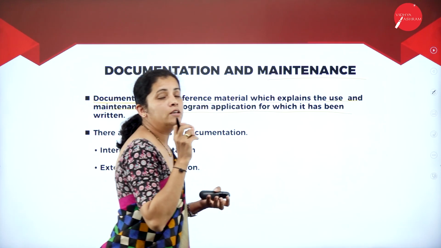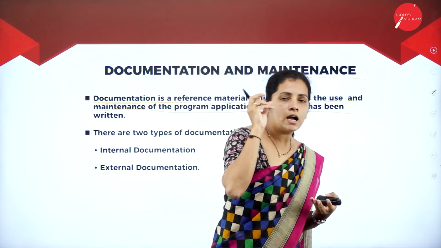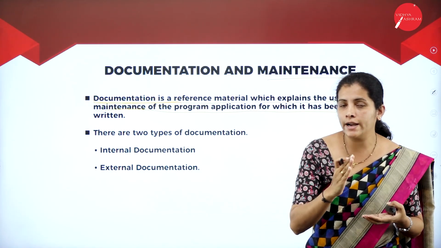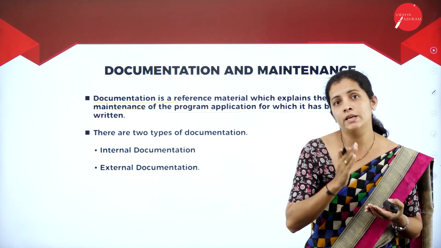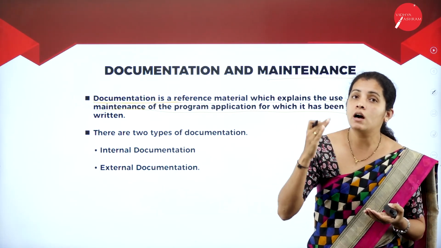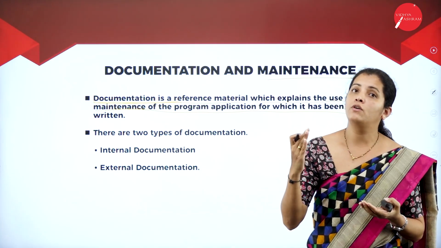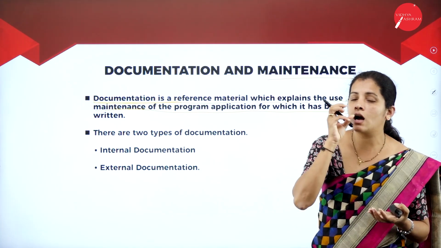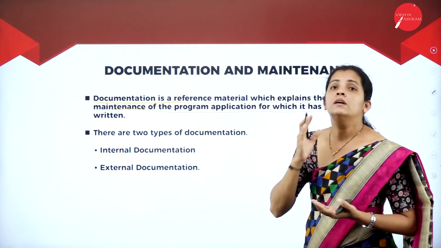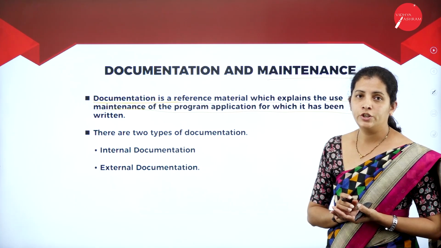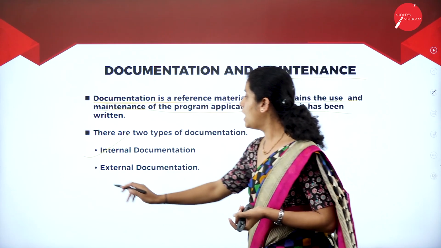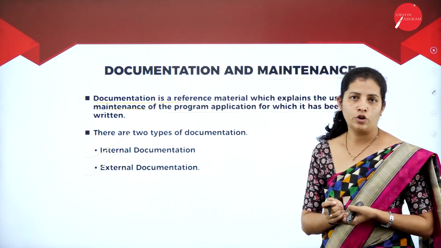That means the documentation gives the complete overview of the program: which kind of application, where it is being used, what constants are used, how the logics are written, what kind of logic. Every piece of information is covered under documentation. There are two types of documentation we are going to have, that is internal documentation and external documentation.